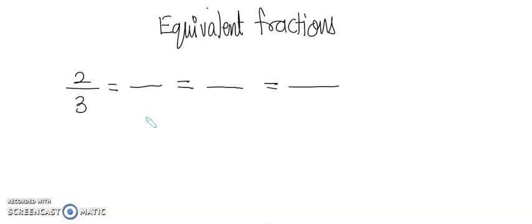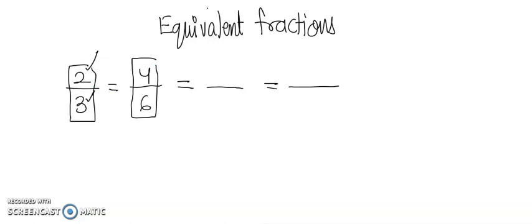Like we can multiply numerator and denominator both by 2. So 2 times 2 is 4 and 3 times 2 is 6. So we can say 4 by 6 is the equivalent fraction of 2 by 3.